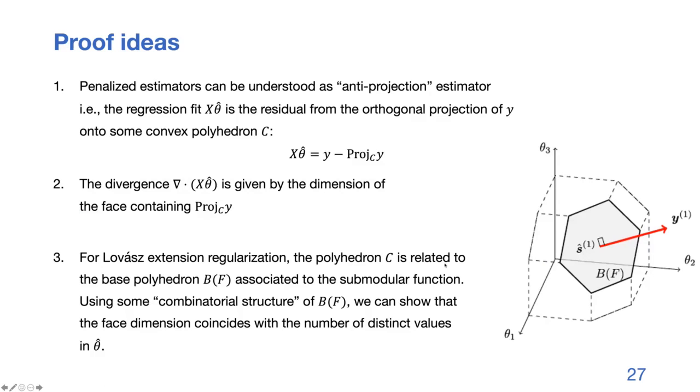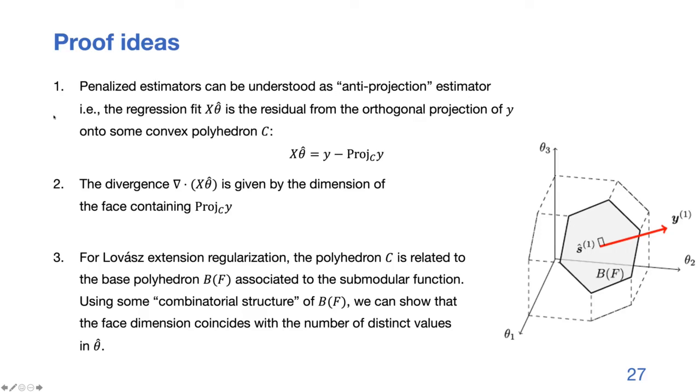So finally, I will explain some proof ideas. The proof is basically done in these 3 steps. The first step is to represent the penalized estimator in a sort of dual form. Penalized estimators can be understood as anti-projection estimators.